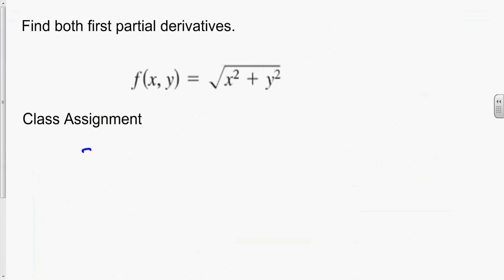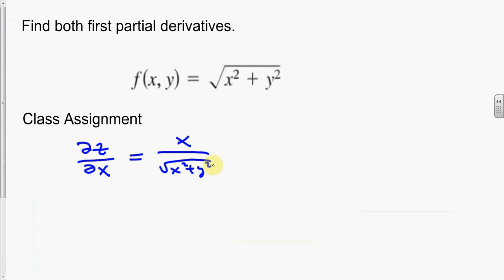Okay, so the partial of z with respect to x, you get x over the square root of x squared plus y squared, right? You get 1/2, but then you take the derivative of the inside, that's 2x, right?